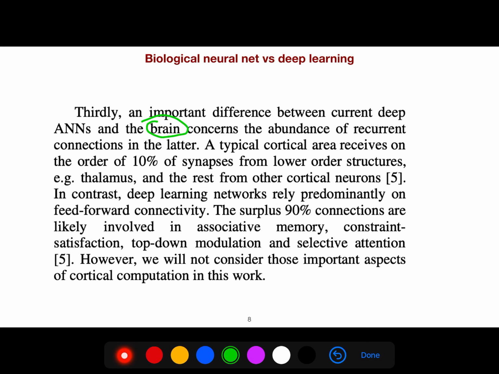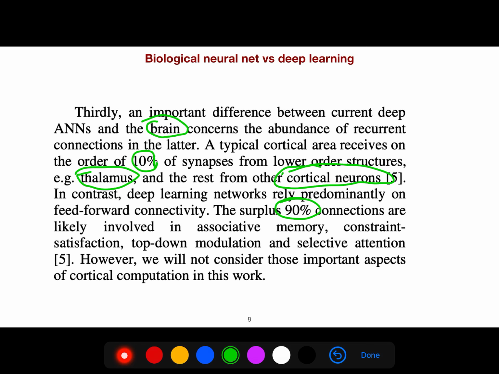A typical cortical area receives on the order of 10% of synapses from lower structures, thalamus and those things, but all of this is just 10%. The other ones are cortical neurons. In contrast, deep learning networks rely predominantly on feed-forward connectivity. The surplus 90% connections are likely involved in associative memory, constraint satisfaction, top-down modulation, and selective attention.